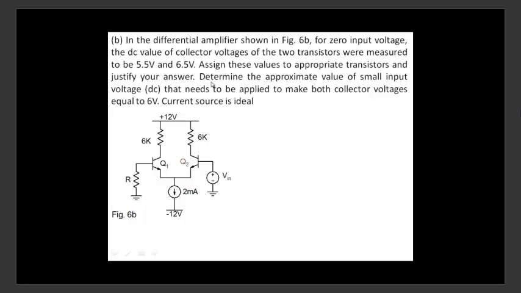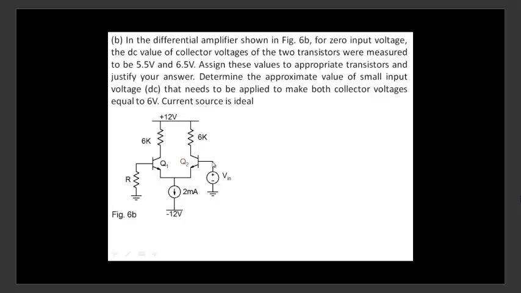I've done it in slightly other ways by saying that with the input not being there, one of the voltages is 5.5 and the other voltage is 6.5. Which makes sense because when you put the input to 0 here, the circuit is no longer symmetrical. There's something connected here and there's nothing connected here.